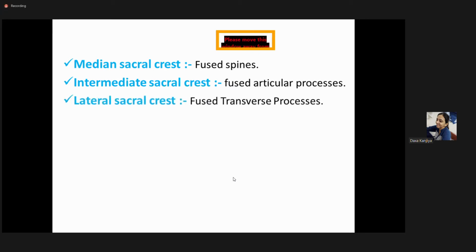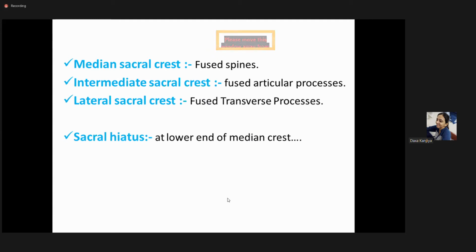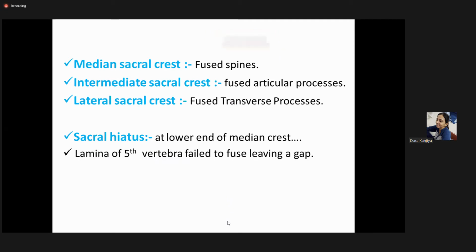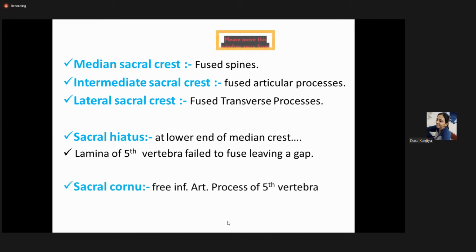The lateral sacral crest is formed by fusion of the transverse processes. The sacral hiatus is an inverted U-shaped gap at the lower end of the median crest. It is due to the non-fusion of the lamina of the fifth sacral vertebra. The sacral cornua are nothing but the free inferior articular processes of the fifth sacral vertebra. So this you have to remember.